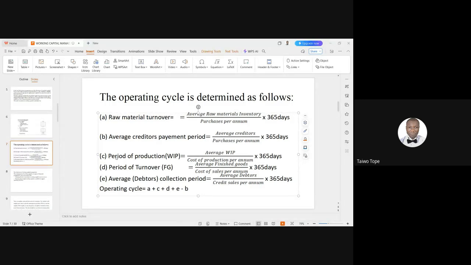Period of production in terms of work in progress is an item of what? Current asset. Fine. Period of turnover of finished goods is an item of what? Current asset. Average debtors collection period is an item of what?